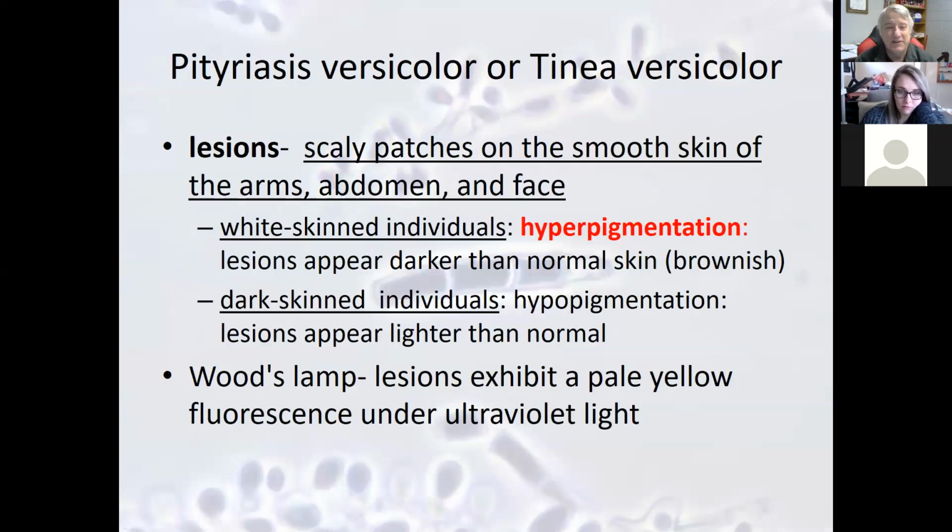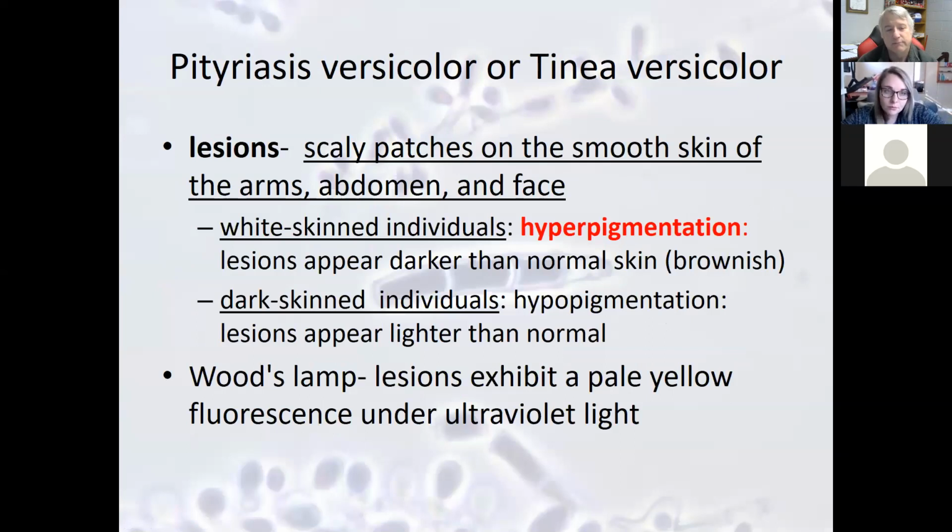So the lesion is scaly patches of smooth skin of the arms, abdomen, and face. White-skinned individuals have a hyperpigmentation. The lesion appears darker than normal skin. So you get these brownish splotches on the skin. Dark-skinned individuals have a hypopigmentation, so the lesions appear lighter than normal.